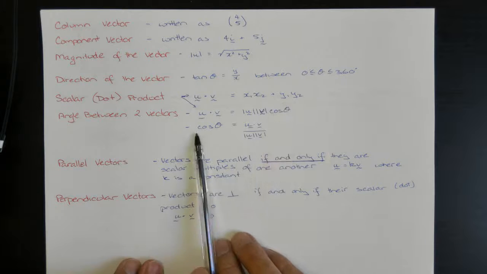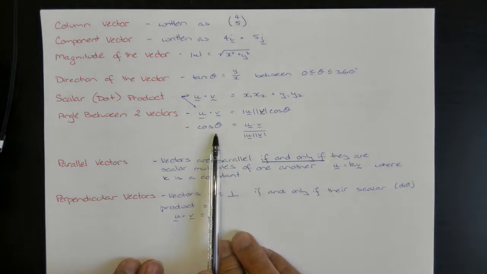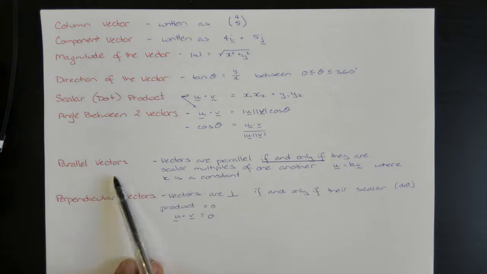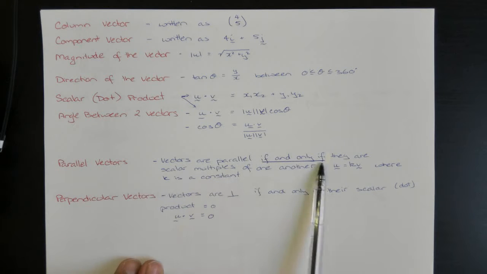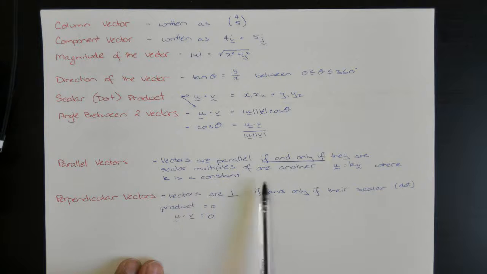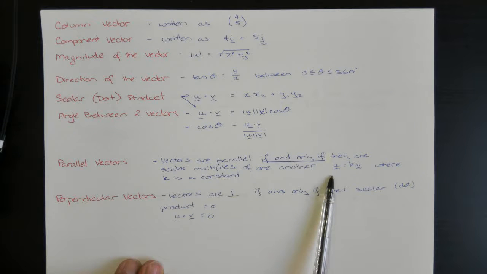Then you can rearrange that to find the angle between the 2 vectors. Now, parallel vectors are vectors if and only if they are scalar multiples of one another. So if u is equal to k times v, okay.